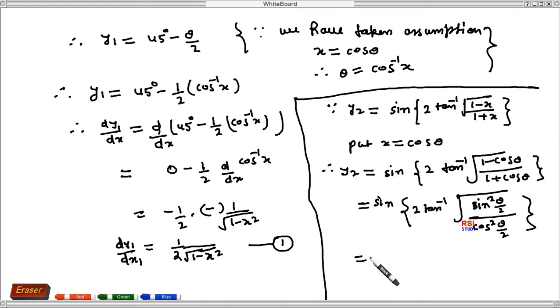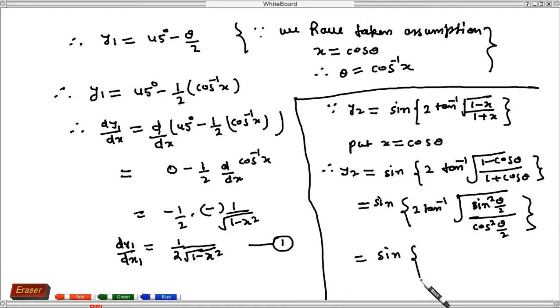So 2 will cancel and you will get sine square theta by 2 over cos square theta by 2. So this will be tan square theta by 2, and since this is under root, remove the root, so the square is also removed automatically, and we finally get tan theta by 2.